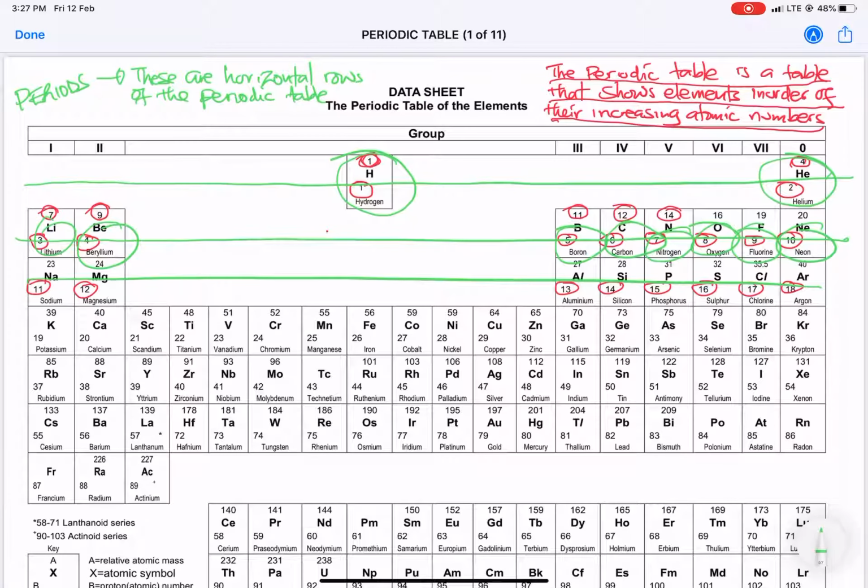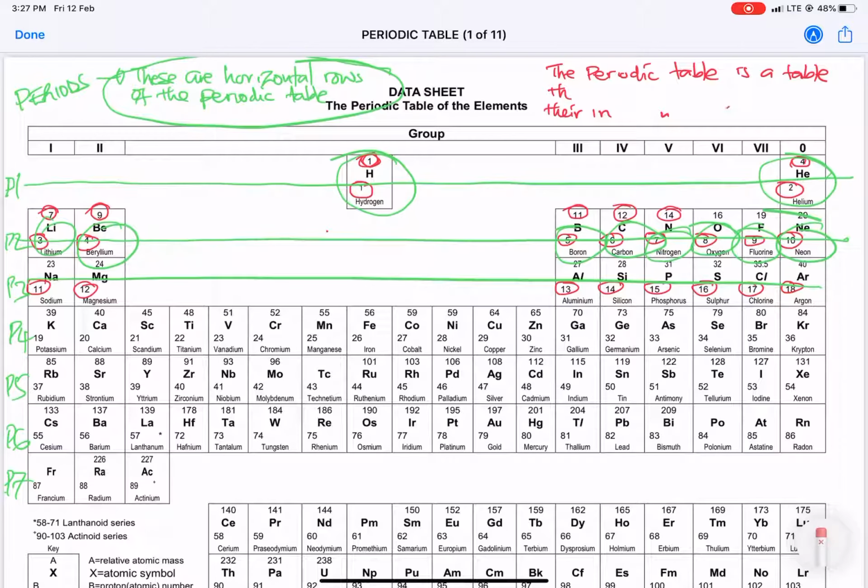So we have period 1, period 2, period 3, period 4, period 5, period 6, period 7. So these, we call them periods, the horizontal rows of the periodic table.